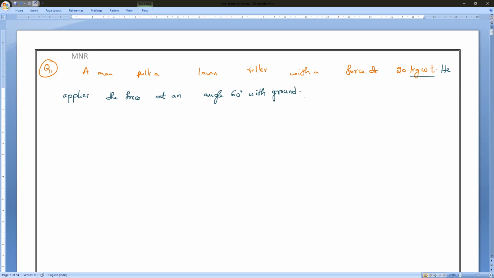Calculate the work done in pulling the roller through 10 meters.